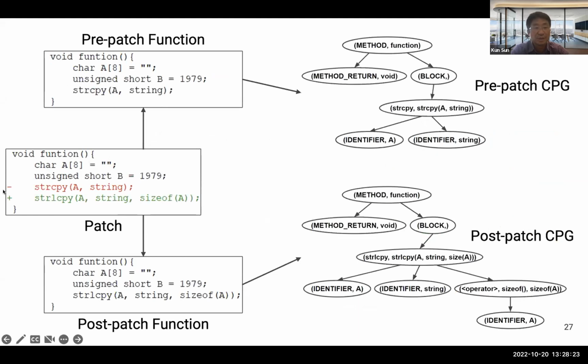Given a patch, here we see one line is deleted and replaced with a more secure version of the string copy, using strlcpy. From this patch, we can recover the pre-patch function and the post-patch function, what they look like. From those functions, we can build this pre-patch CPG, the code property graph. And this is the post-patch CPG. Okay, this looks different.